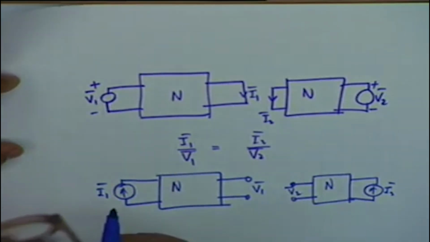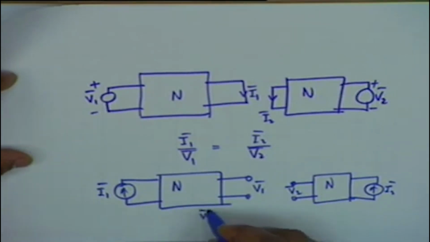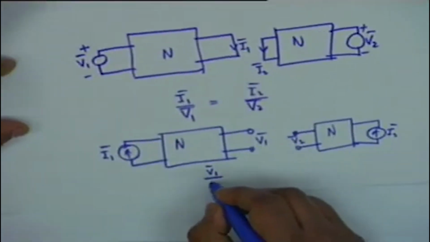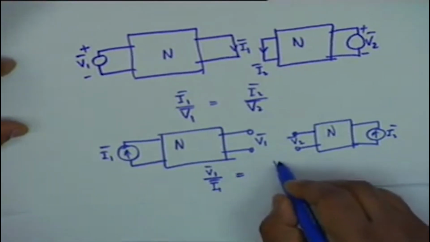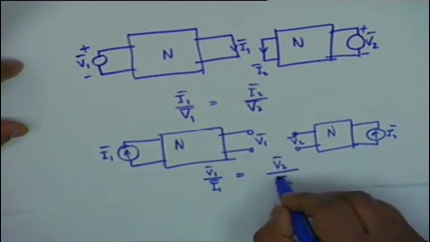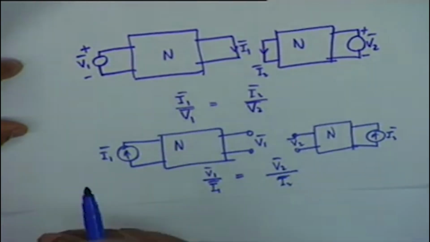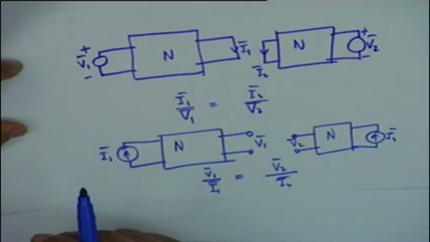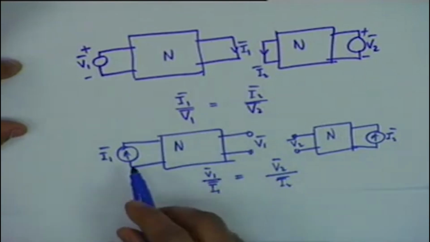By the reciprocity theorem, the ratio should be the same, that is, response to excitation should be equal to the response to excitation. If N is a linear network with bilateral elements, then the ratio of the response to excitation should be the same.